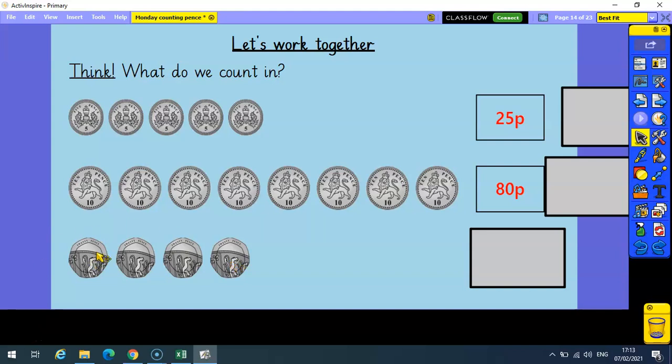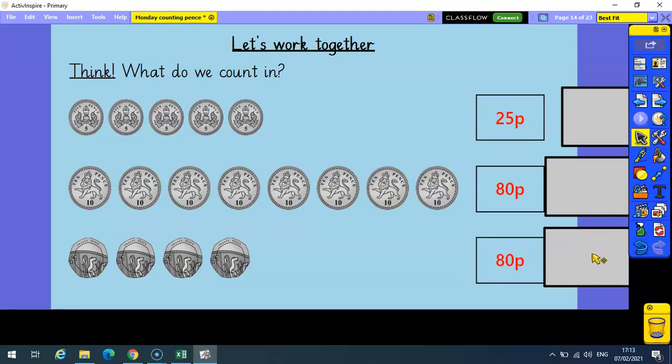Or even easier than that, let's go 10, 20, count each one twice. 10, 20, 30, 40, 50, 60, 70, 80. 80p again. Now notice that this row and this row are worth the same amount, even though this row has much less coins.